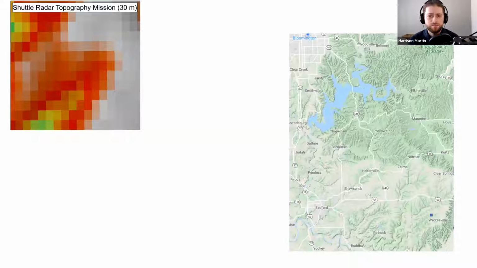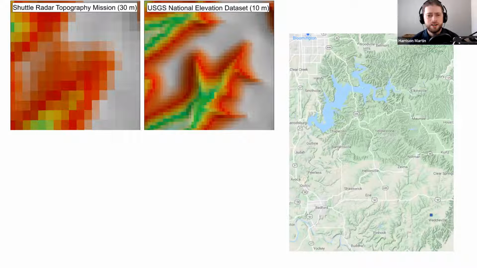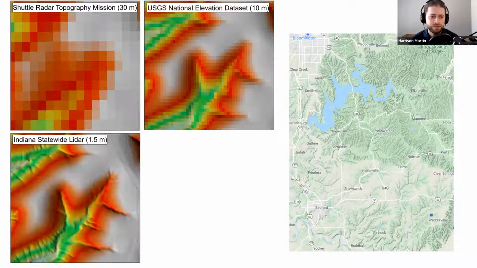To illustrate the importance of data quality, here's a site about an hour southeast of Bloomington, where we are, and we're going to look at the same place with 4 different types of data. First is SRTM, which is radar, about 30 meter pixels, and it's tough to see what we're looking at. At the 10 meter NED data set, we're starting to be able to resolve the shape of the land at least.